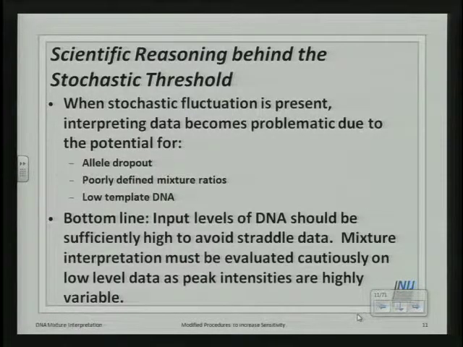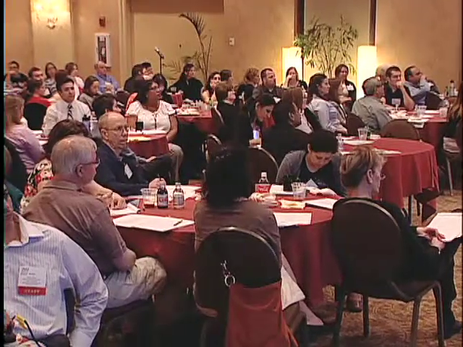So the bottom line is that your input levels of DNA should be sufficiently high to try to avoid this situation where you have data that's between your analytical and stochastic thresholds. It's great if you can get everything above stochastic threshold. So you have to interpret mixtures cautiously when you have low-level data, as peak intensities are quite variable.